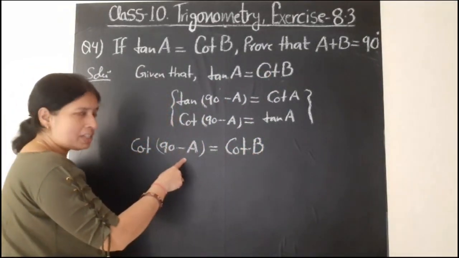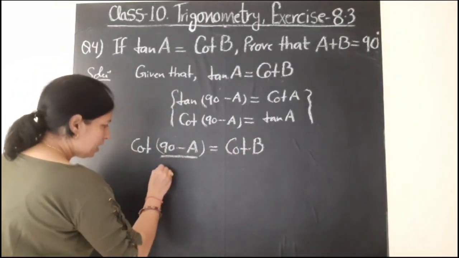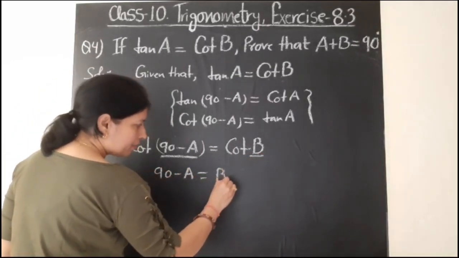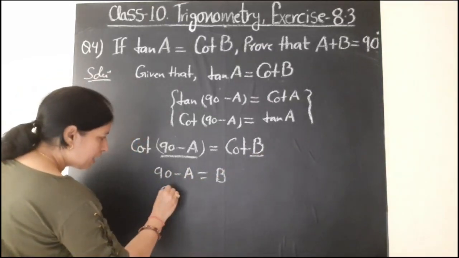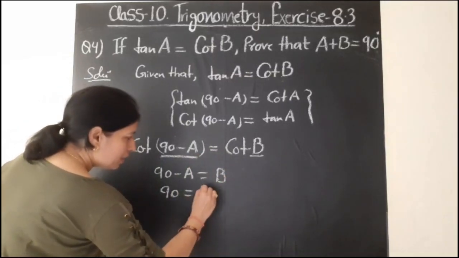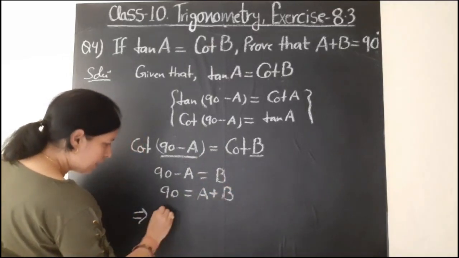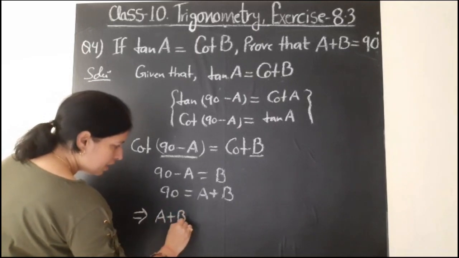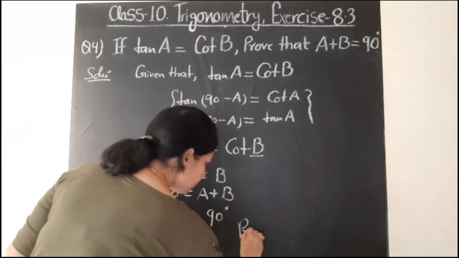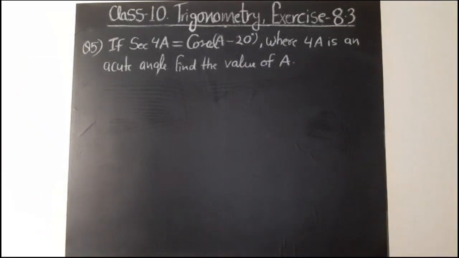Here it is cot 90 minus A and here it is cot B. So now we can write this 90 minus A is equal to this B. Okay, so we can write 90 is equal to, if this goes to the right side, it will become positive, so A plus B. So you can write A plus B is equal to 90 degrees. This is proved. So this one is question number 4. So let us see question number 5.